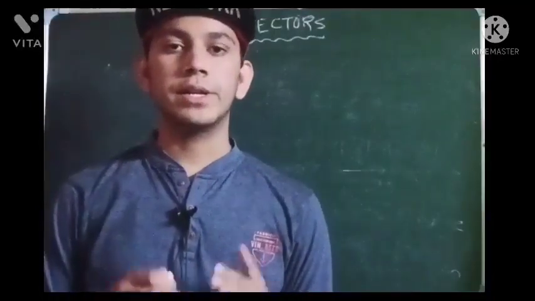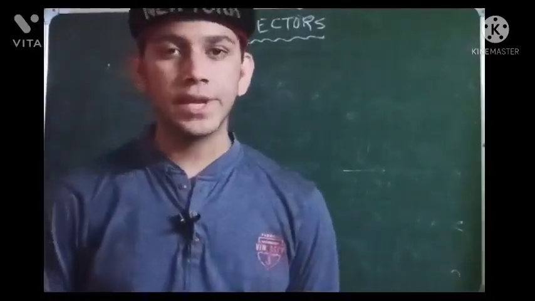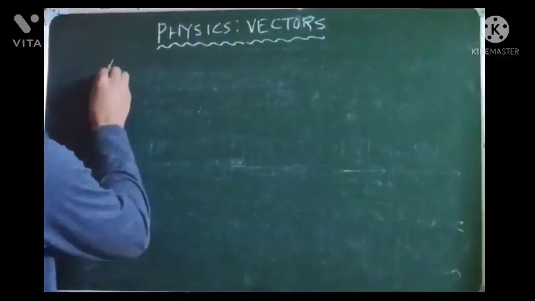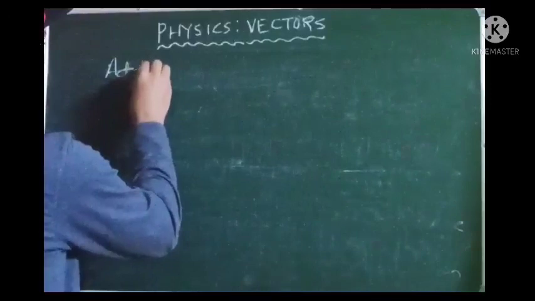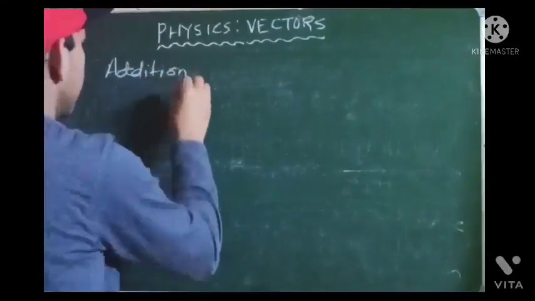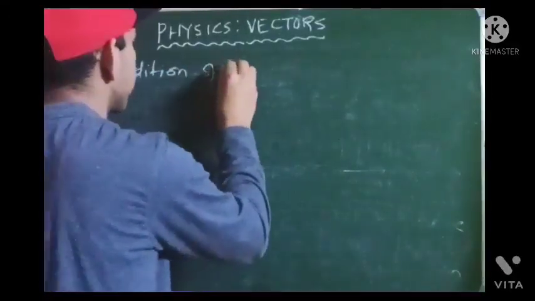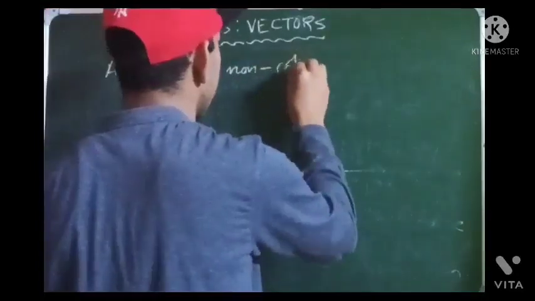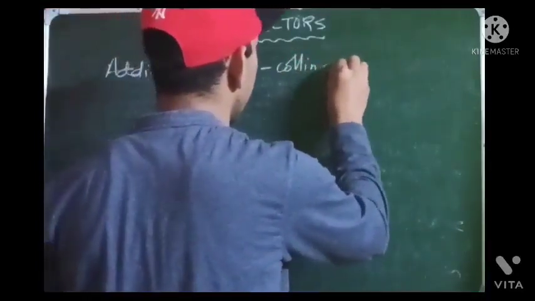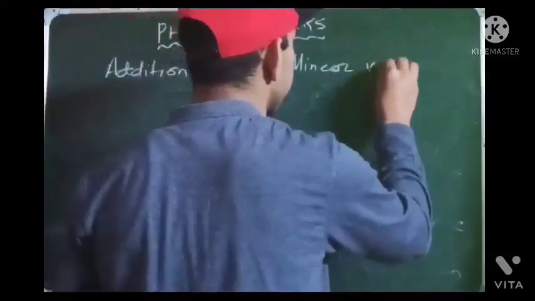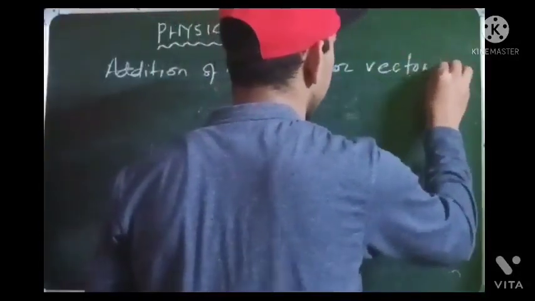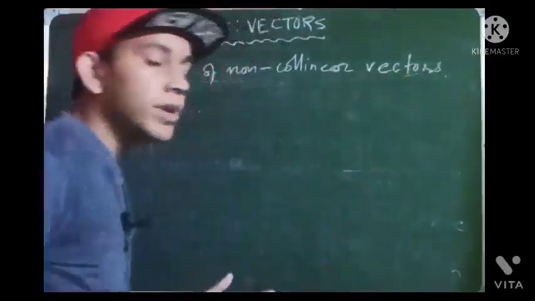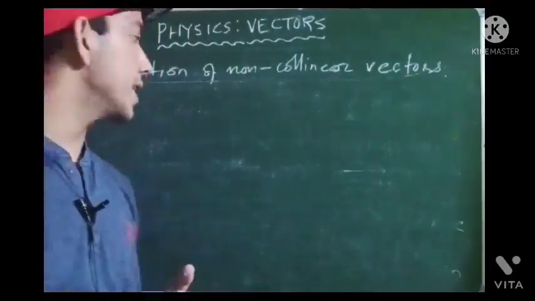Next, we are going to learn the addition of non-collinear vectors. Before that, we are going to see the meaning of the resultant.